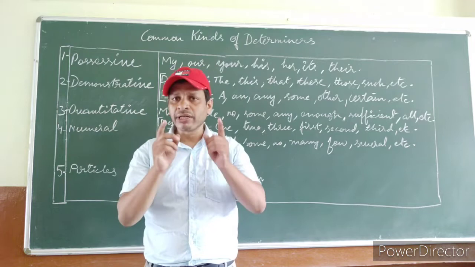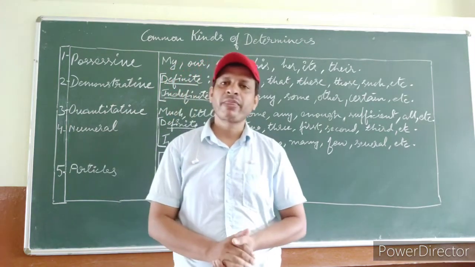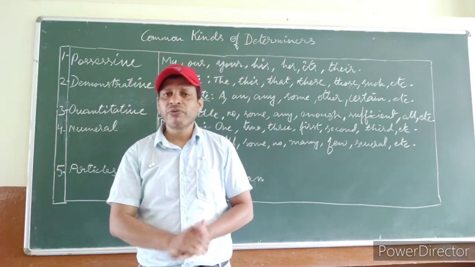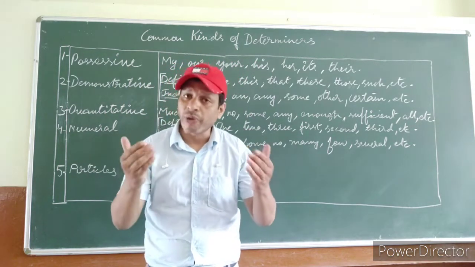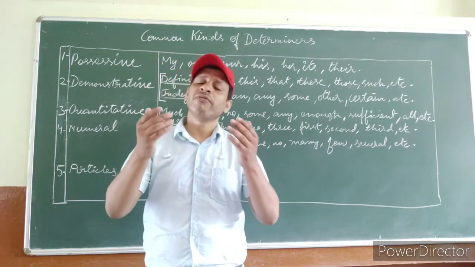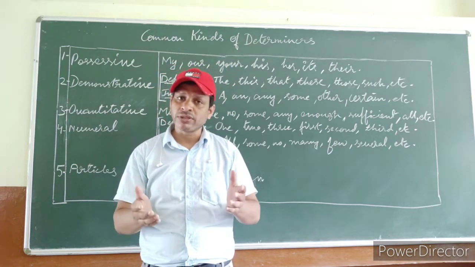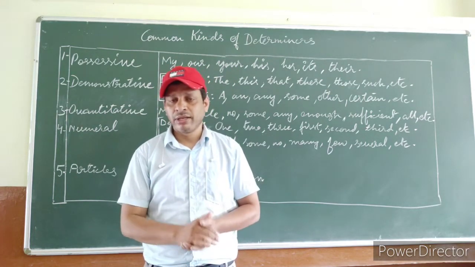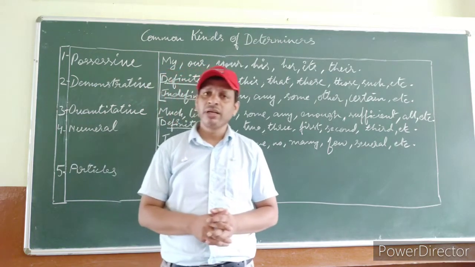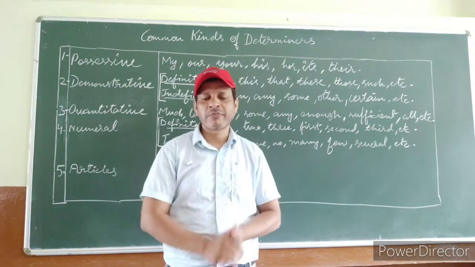Then, before the names of rivers, for example, the Yamuna, the Brahmaputra, etc. And then before the names of mountain ranges, for example, the Himalayas, the Vindhyas. And then before the names of oceans, canals, seas, gulfs, for example, the Indian Ocean, the Arabian Sea.